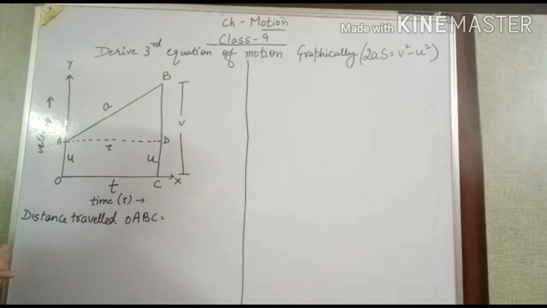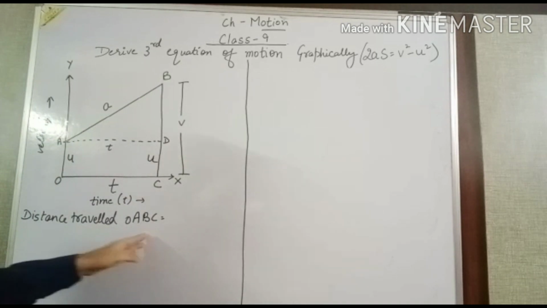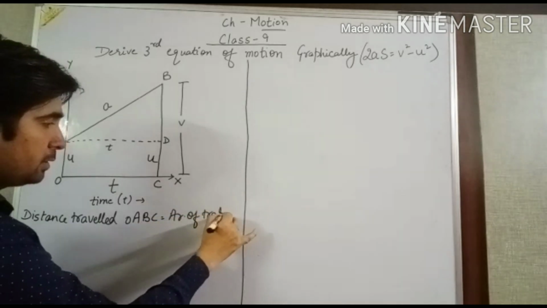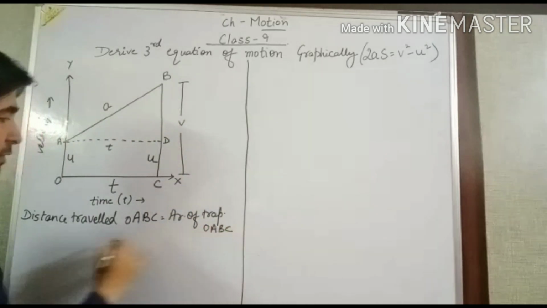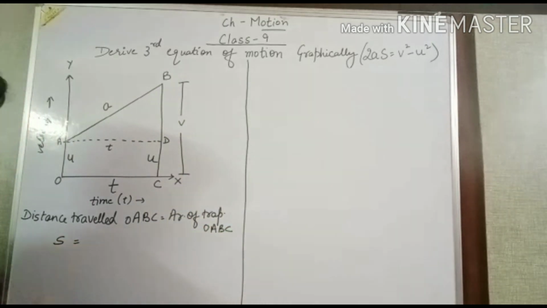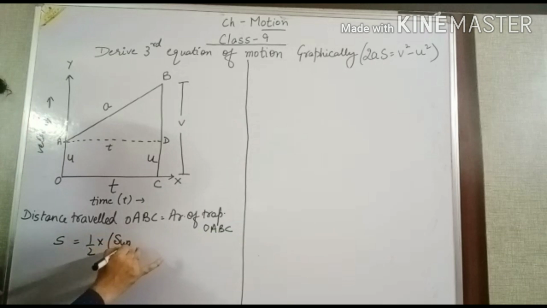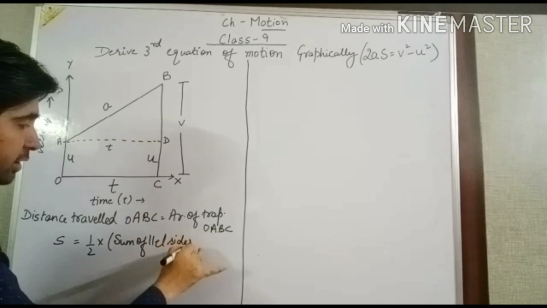For derivation of this, in this distance traveled OABC, we'll use the formula for the area of trapezium OABC. Now we know the formula for the area of trapezium OABC, and that is half into sum of parallel sides into height.